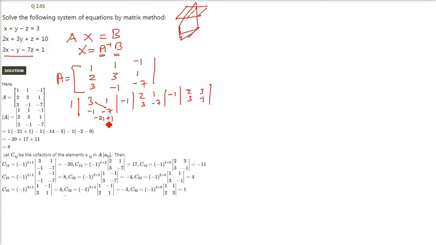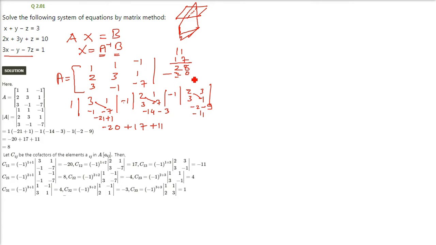The -20 into 1 is -20. So write -20 here. So this is minus 14 and minus 3, it is minus 17, minus 7 into 1, so plus 17 it will be. 2 into minus 1 is minus 2, and then 3 is a 9, minus 9. This is going to be minus 11, minus 1 into minus 11 is plus 11. So 11 plus 17 is 28, 28 minus 20 is 8.